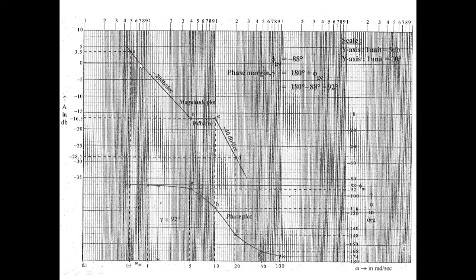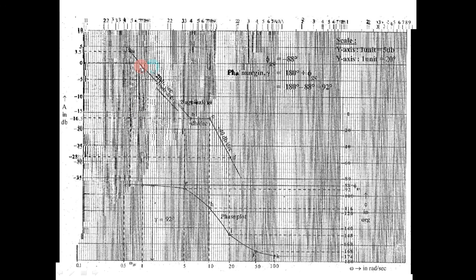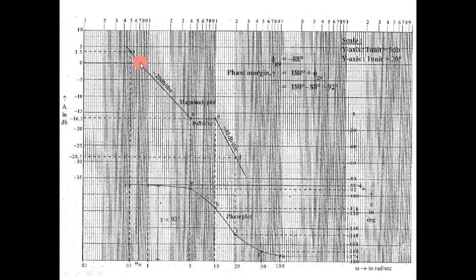This one is the 0 dB line, and this is omega gc. This line touches the phase plot here. Here the angle is minus 90 degrees, so that is nothing but phase margin gamma equal to 90 degrees.